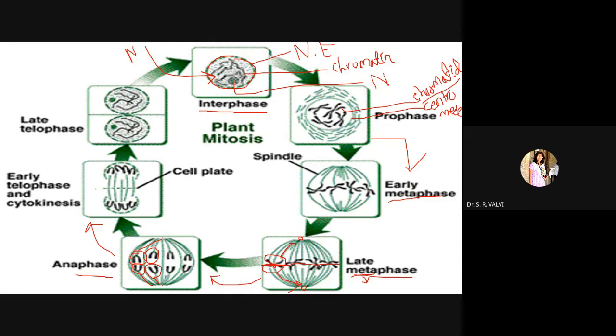Here in this early telophase, the nuclear membrane is going to reappear. Are you observing this dot-like structure? This dot-like structure is again the nuclear envelope, or I can say the nuclear membrane is going to reappear.